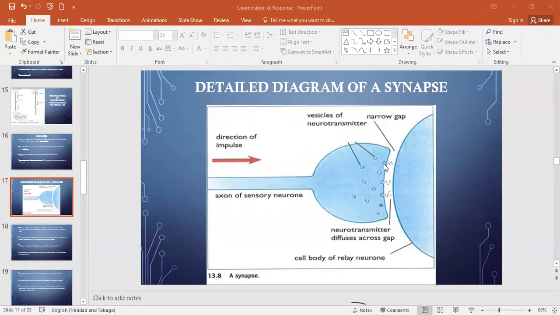When these tiny vesicles reach the end, they create a charge, which opens an ionic gateway, just like a positive charge. And a gateway is open so that the neurotransmitters contained in the vesicles can now diffuse across. So it releases them.